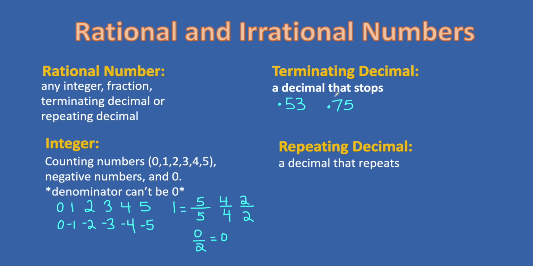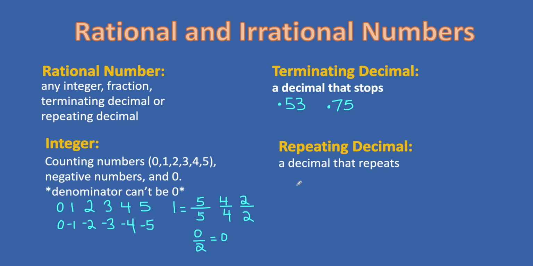So that's a very common one. If you know this in fraction form, it's going to be 3/4. So notice both of these decimals, they stop. There are no more digits at the back of these digits. So we have 0.53 and 0.75, or 53 hundredths and 75 hundredths.